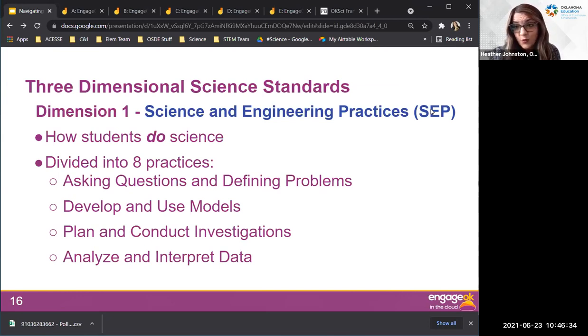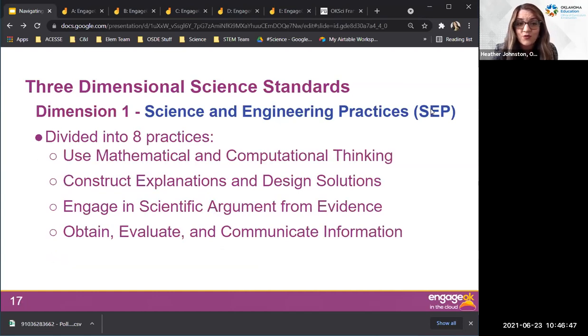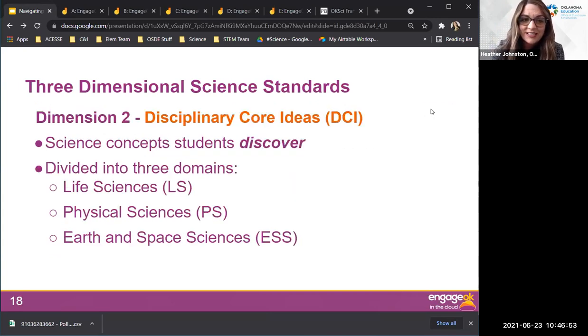These are the first 4. They're listed in no particular order. Remember, science is not a linear process. You can move within these in a variety of ways, depending on where you're starting. And these are the next 4. They just couldn't all fit on one slide, but we still have all 8 of the science and engineering practices.